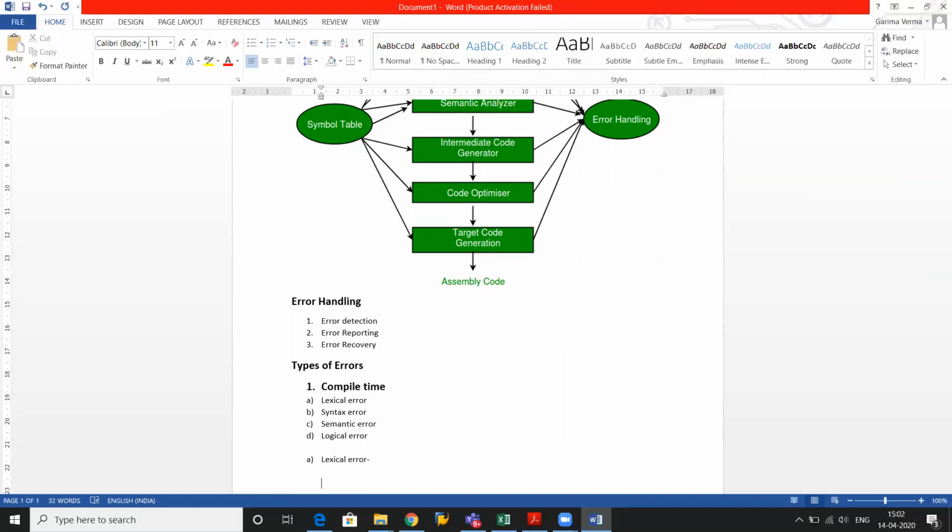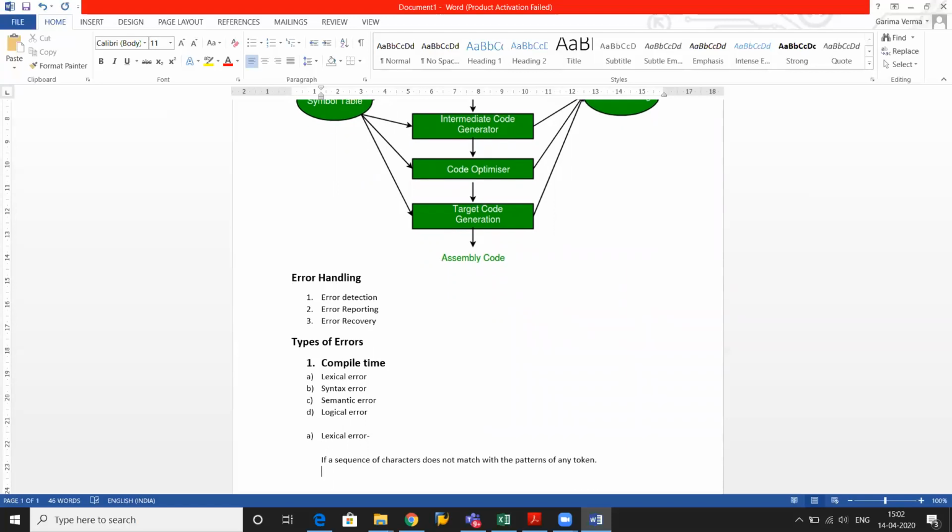So if a sequence of characters does not match with the pattern of any token, then a lexical error will be generated by the lexical analyzer. Now there are various types of errors.